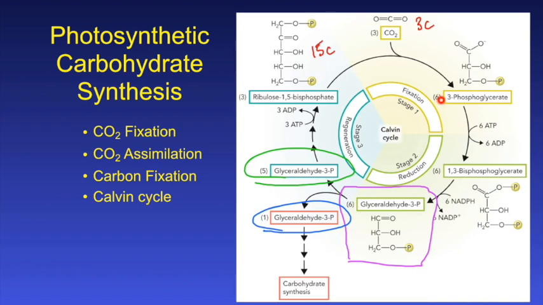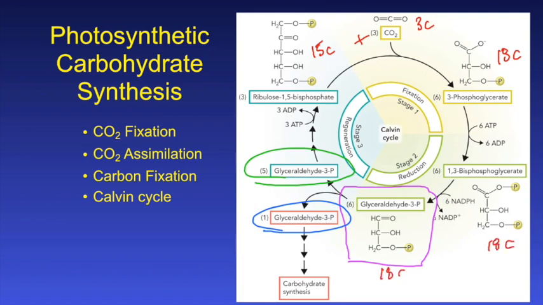I have 6 of them. 3 times 6 is 18 carbons. And look, lo and behold, 15 plus 3 is 18. Great. All right, in the reduction, this represents still 18 carbons. That's great.